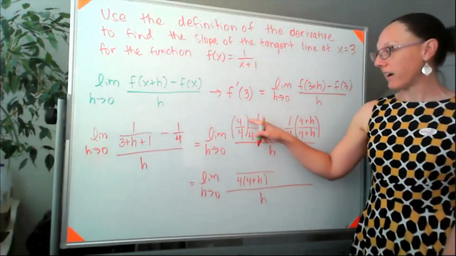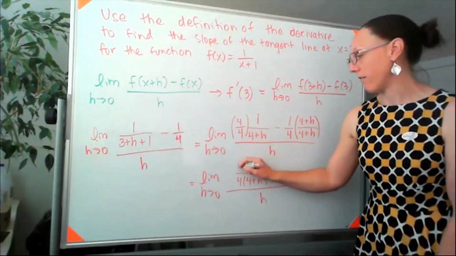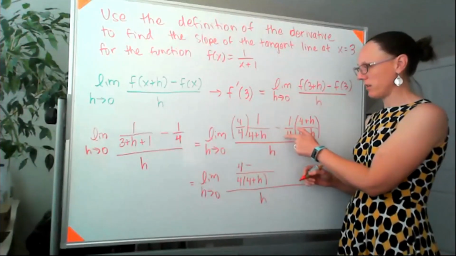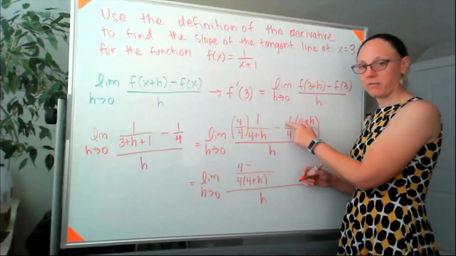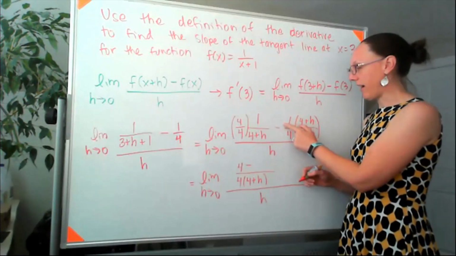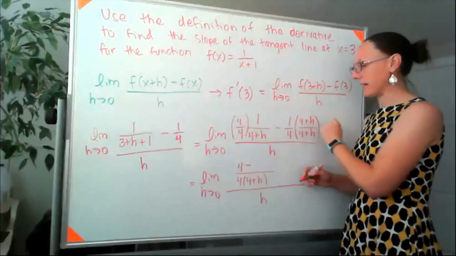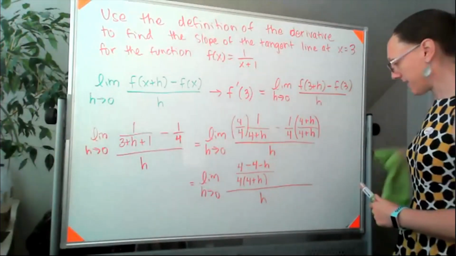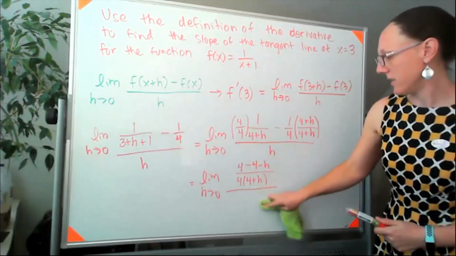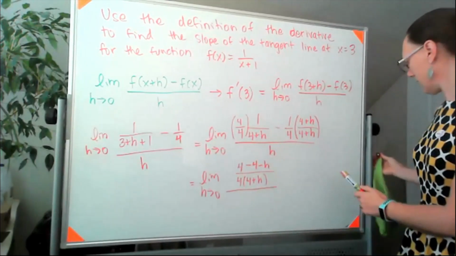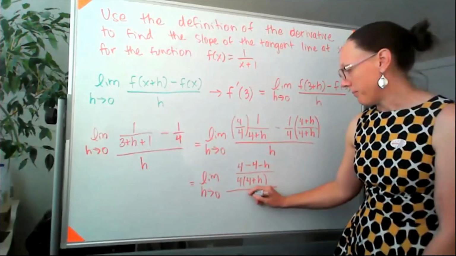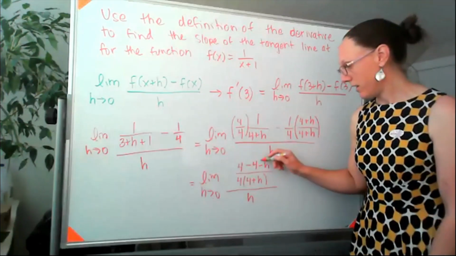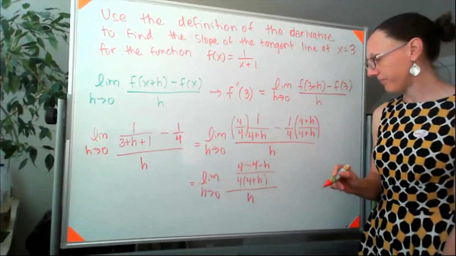In my numerator here, 4 times 1, I'll have 4 minus, and now if I think about distributing that minus 1 in, I'll have minus a 4 and then minus an h. And because I knew I was going to be short on space, I wrote that pretty compact. My 4 minus 4, those can cancel.